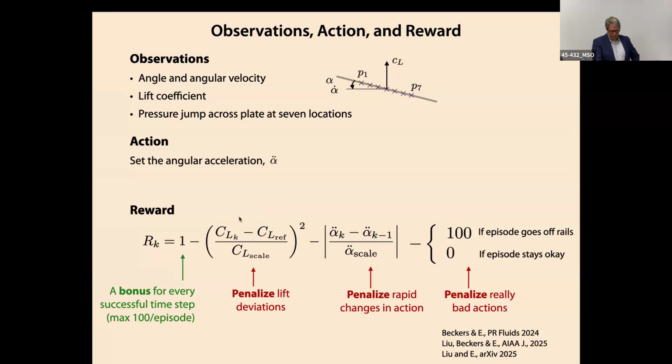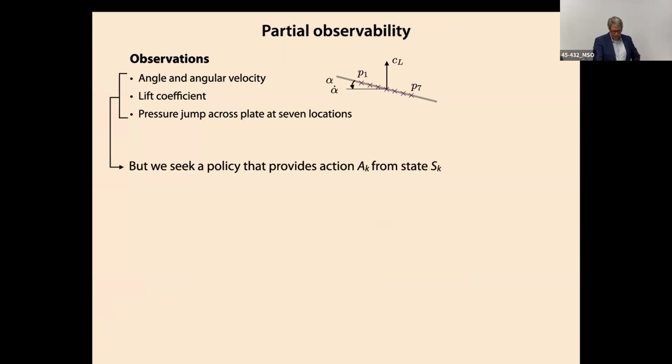The reward is basically penalizing deviations from some reference lift. The reference lift here is 0, so we're penalizing lift that's not 0. We're also penalizing rapid changes of action; we don't want to move things too quickly. And we're really penalizing things if the episode goes off the rails in some way, like it does something weird. So those are the things we trained it on.